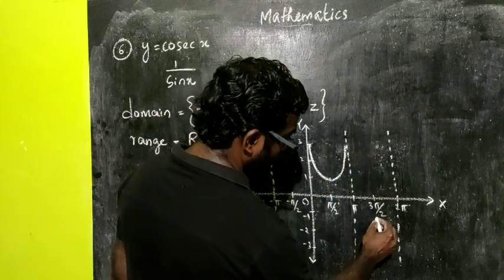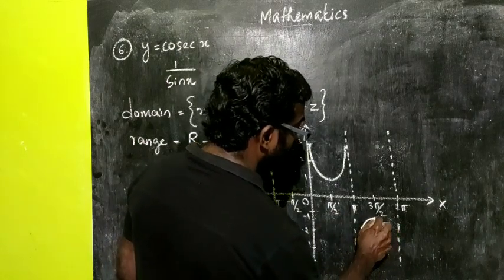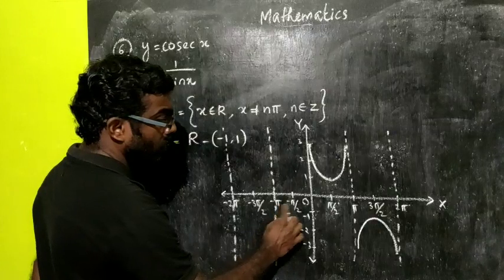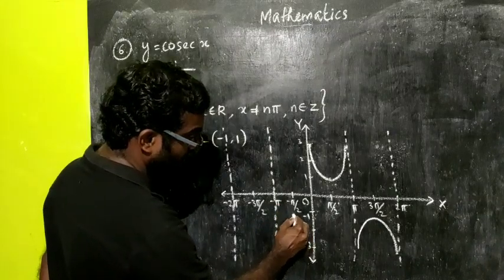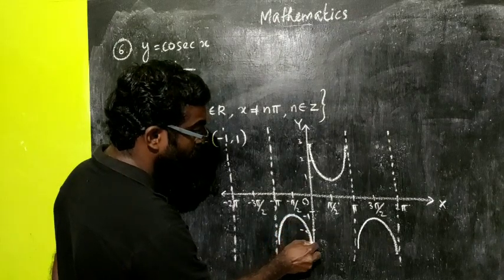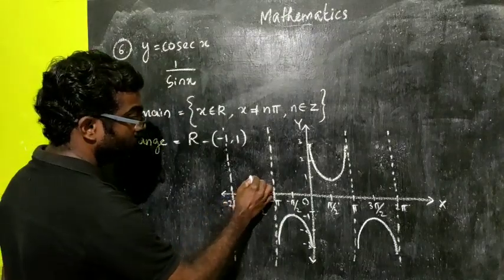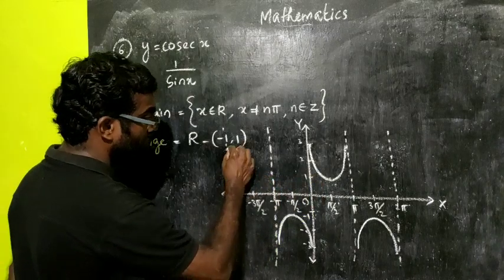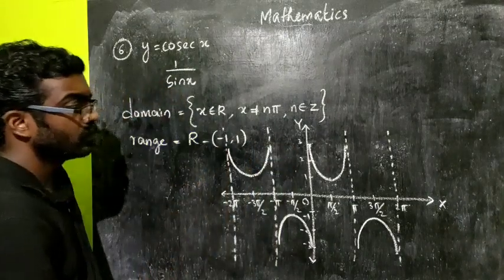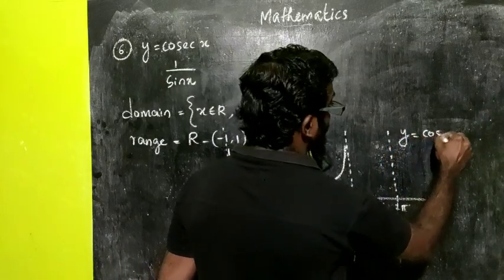And in this domain, here it is minus 1. Okay. And in the interval minus pi to 0, here we can draw the part of the graph this way. And here this one. Clear? So this is the graph of y is equal to cosec x.